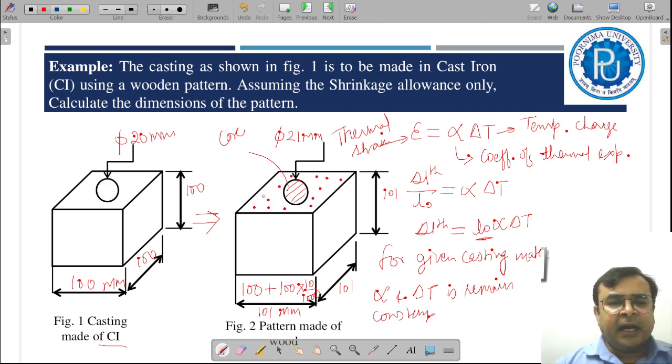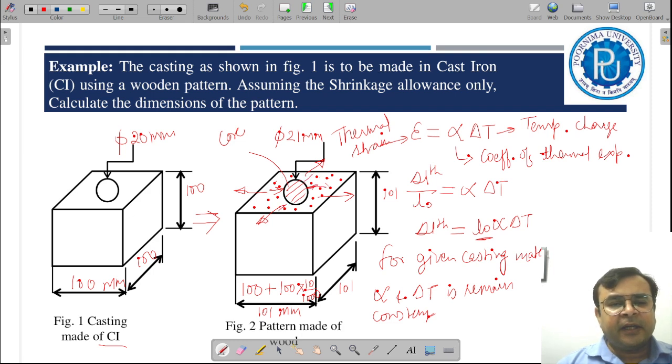Is it right? And solidification always takes place opposite to the direction of heat transfer. So you can see the heat transfer takes place along this direction, this direction, this direction, and this direction. Therefore, the contraction of the metal takes place towards the center.